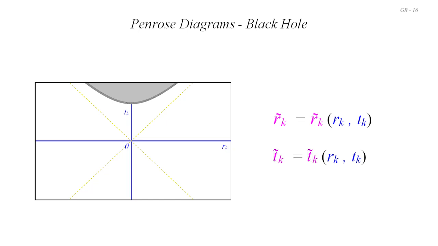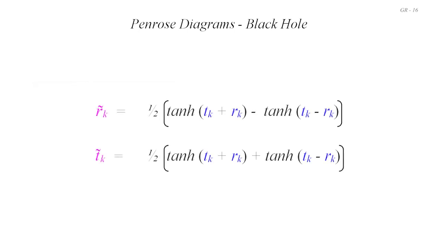A coordinate transformation that would do those things and would work both inside and outside the Schwarzschild radius would be something like this, which uses the hyperbolic tangent function. These mauve RK tilde and TK tilde, which have maximum sizes of 1, are in a sense the Kruskal coordinates squashed into having finite values everywhere.